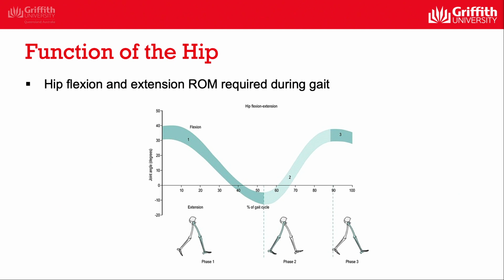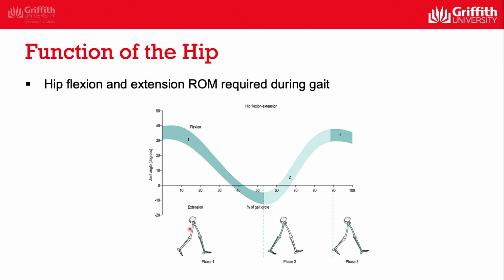This slide looks at the amount of hip flexion and extension required during our normal walking pattern, during gait. On the y-axis up here is the amount of joint angle, or degrees, in the flexion direction of the hip, and down here is in the extension direction.